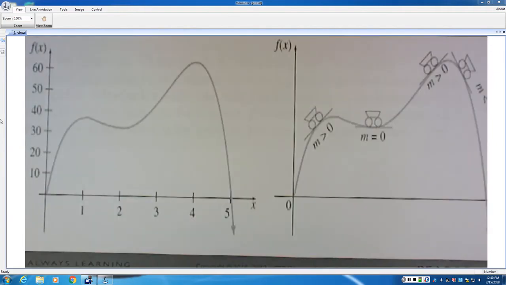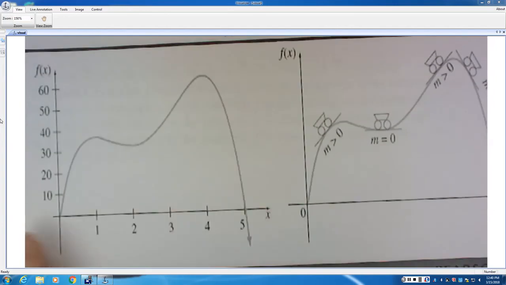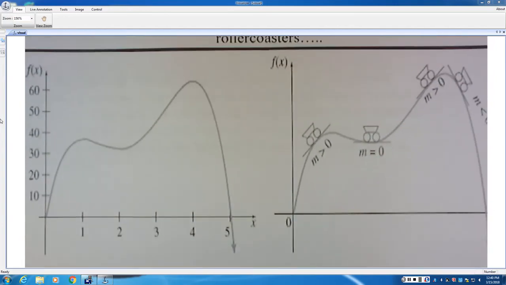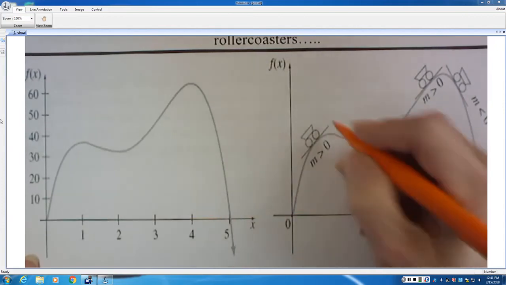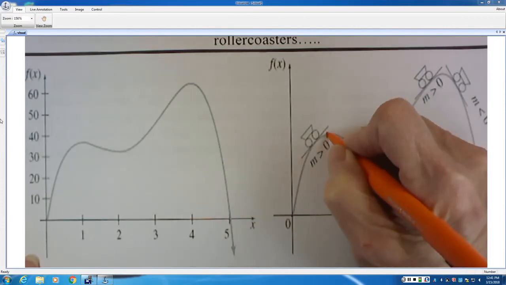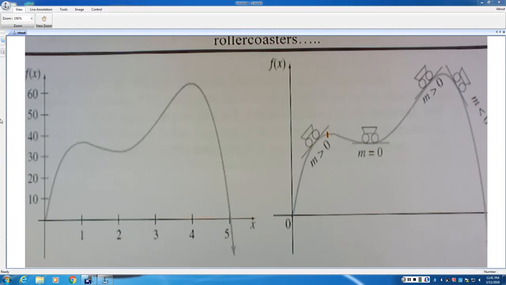One of the things that it might help you to think about here, if we're talking about this function, is to think about a roller coaster. Okay? If this is a roller coaster, what's happening to your roller coaster car as it goes from 0 to right about there? What's it doing?